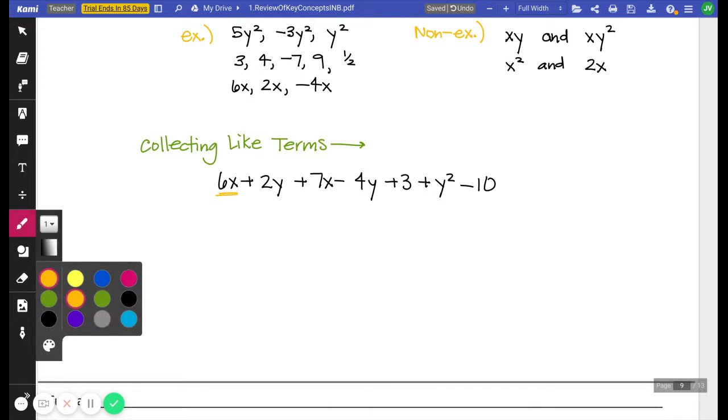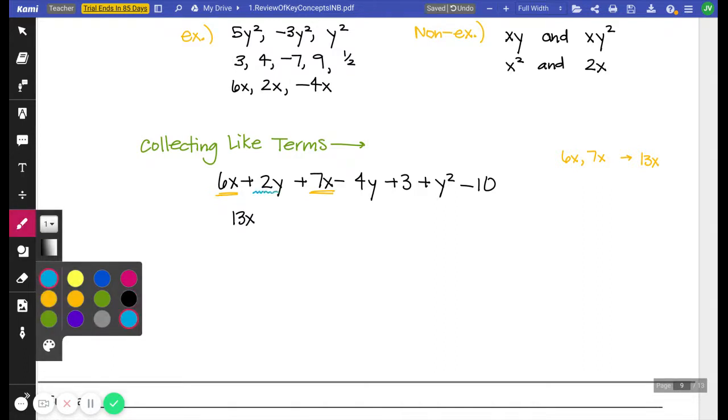I'm going to look for anything else that has an x. 2y, not an x. 7x is an x. There are no other standalone x's. So I'm going to combine those. And 6x and 7x, I add their numbers, and I get 13x. So I'm going to write 13x. Okay?